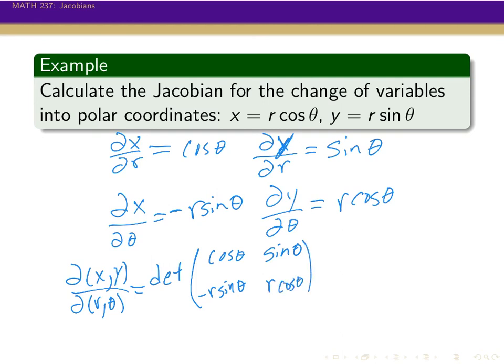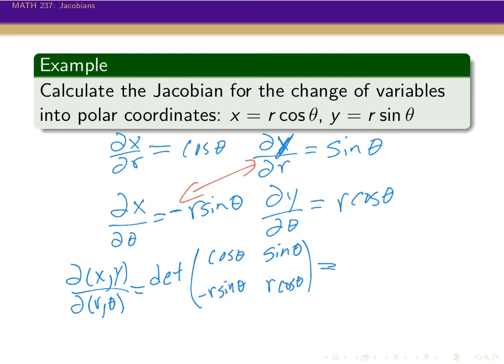One thing I should note: because we're taking this determinant, it's perfectly fine to swap those two entries. That's not going to change the determinant at all. If we swap the other two, that would change the sign of the determinant. But if we swap the two diagonals going upwards, that doesn't change anything. So just in case you ever swap these two, it's not really causing any difference.